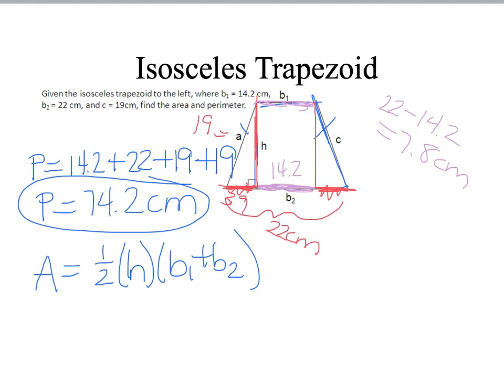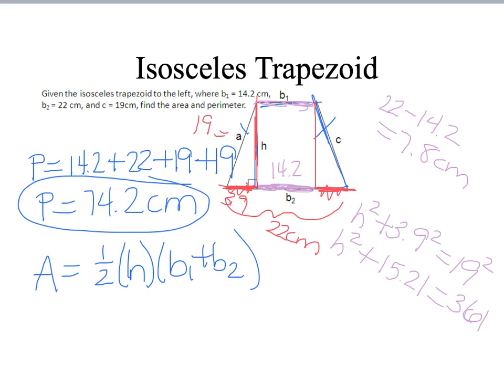Now I can use the Pythagorean theorem to find the height. The height squared plus 3.9 squared equals 19 squared. The height squared plus 3.9 squared is 15.21 equals 361.